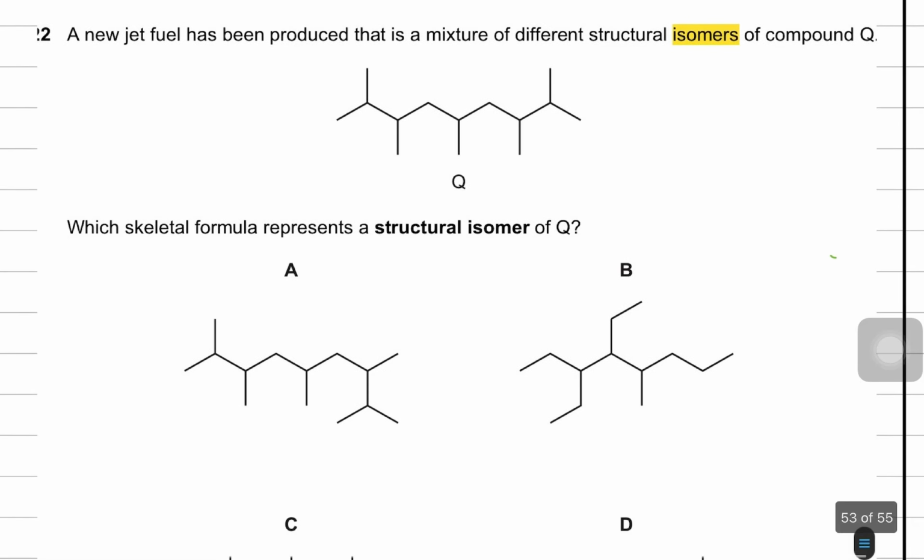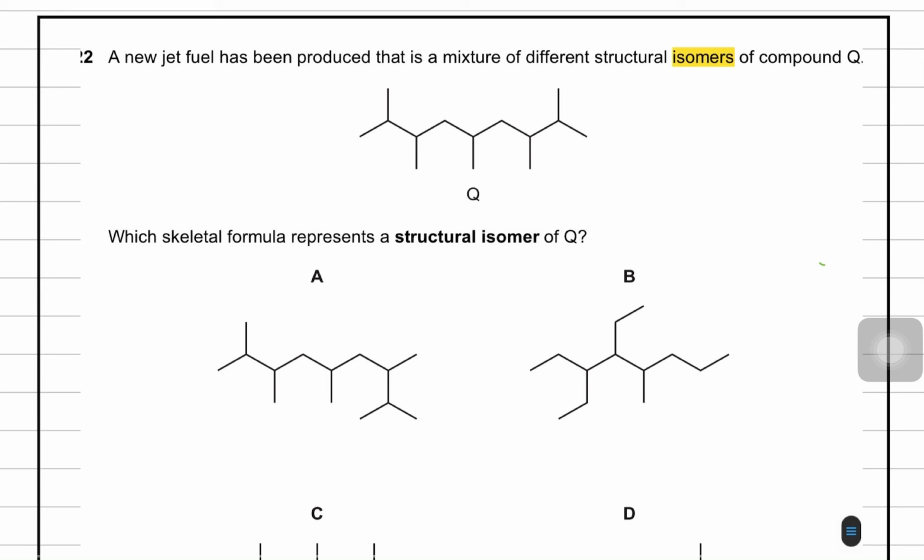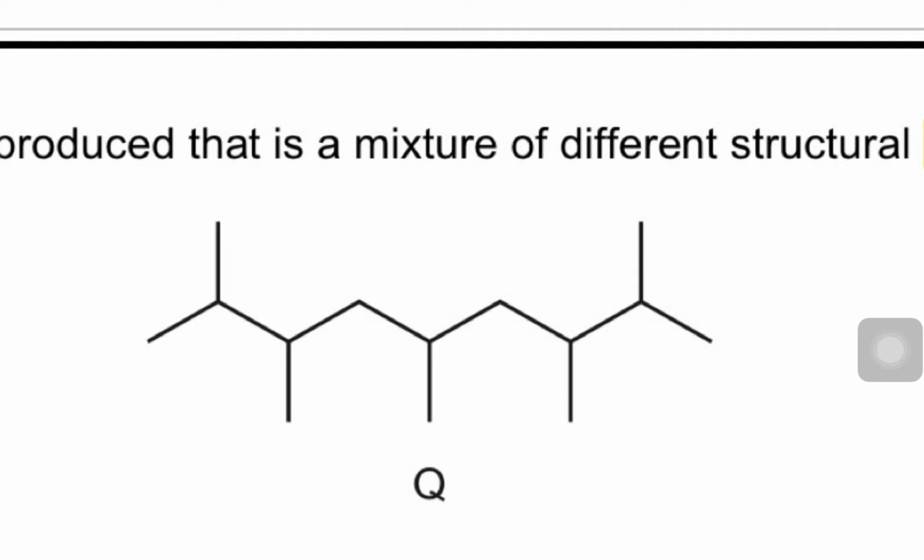Let's go to this question. I really like this question because it also tests skeletal formula understanding. It says a new jet fuel has been produced that is a mixture of different structural isomers of compound Q. You can see compound Q. I'm zooming in.